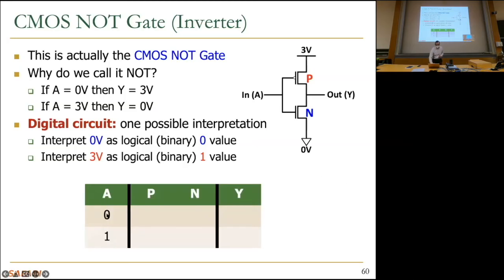Based on the input, you get different values at the output logically. So if A is 0, P is on, N is off, as we discussed earlier, Y becomes 1, meaning 3 volts. But we're going to ignore the volts from now on. We're going to build the next abstraction level, logic. If A is 1, P is off, N is on, and Y is 0.